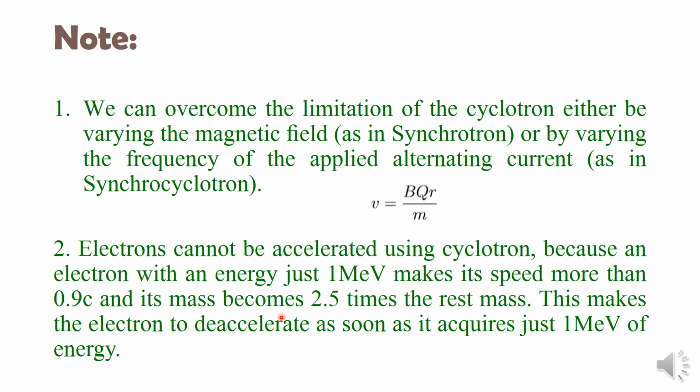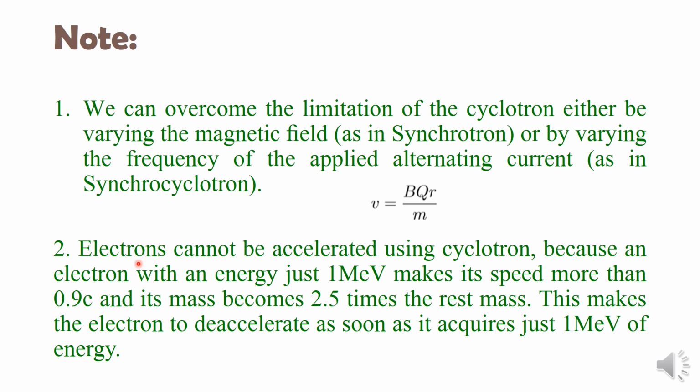And the mass of the electron will increase to 2.5 times its rest mass. As a result, as soon as the electron acquires just 1 mega electron volt of energy, the electron will start to decelerate. Therefore, cyclotron is not suitable to accelerate electrons so that they can acquire a very, very high kinetic energy value. Now this is one more point we have to note.